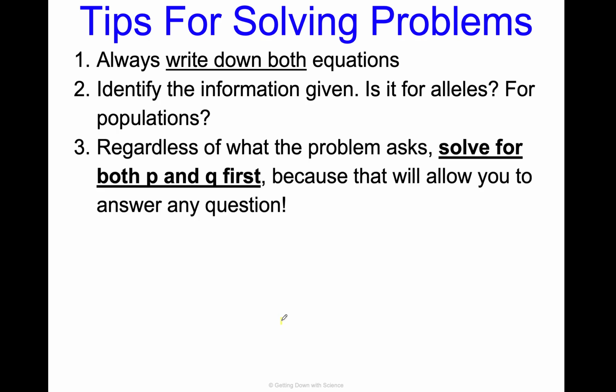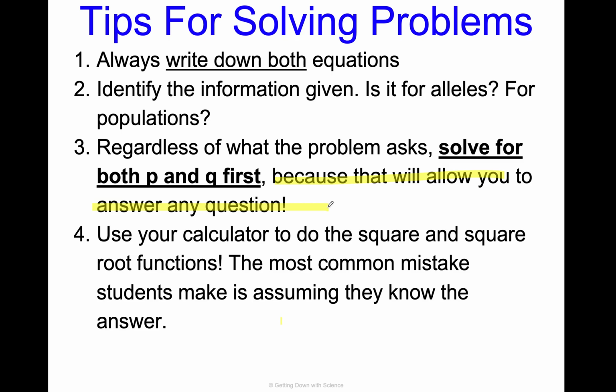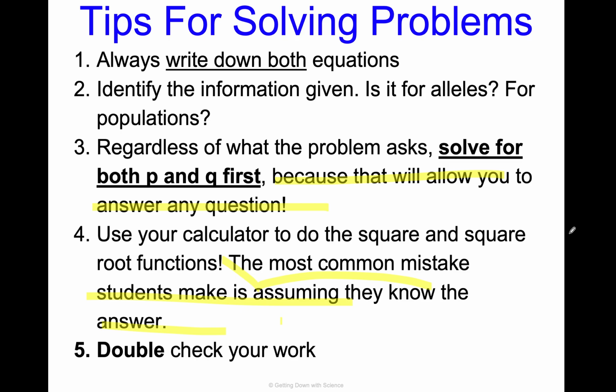Regardless of what the problem asks for, solve for P and Q first, because that will allow you to answer any question. If you have P and if you have Q, the rest of it is plug and play. Use your calculator to do the square and square root functions, right? Don't make simple mistakes. Don't assume you know the answer. Use a calculator for everything. That's why we give it to you. And double check your work.